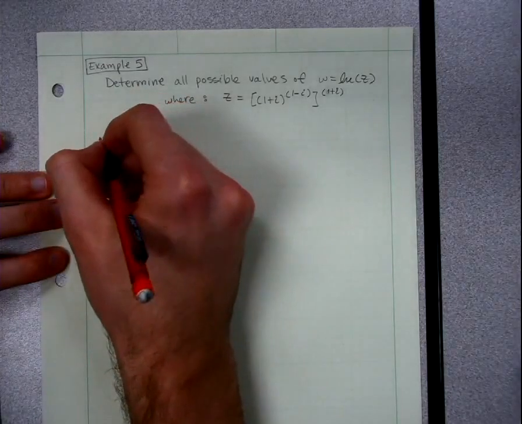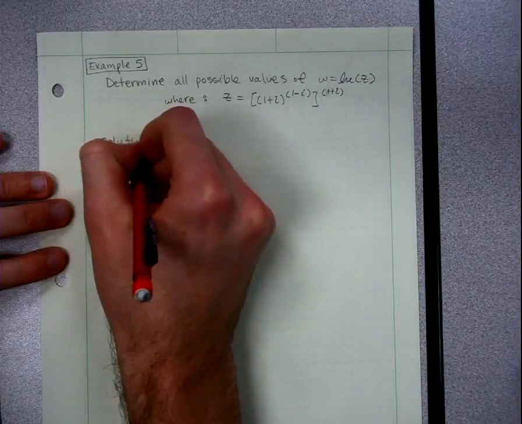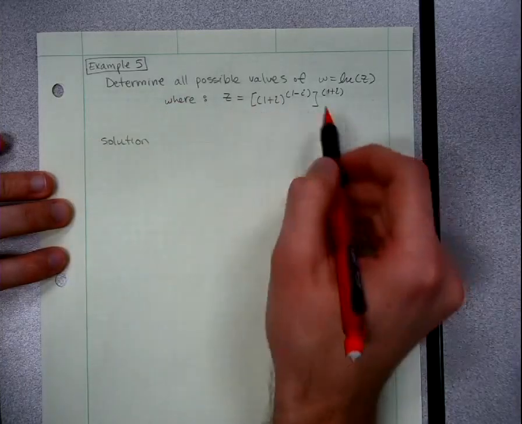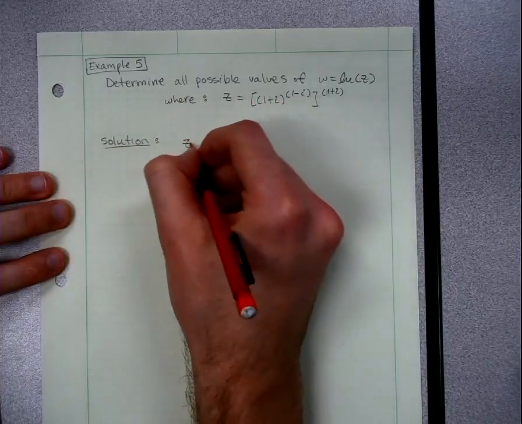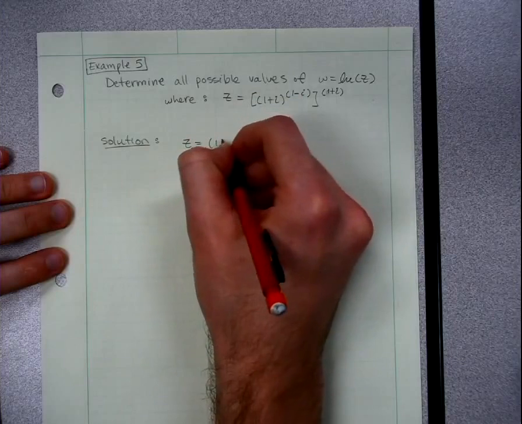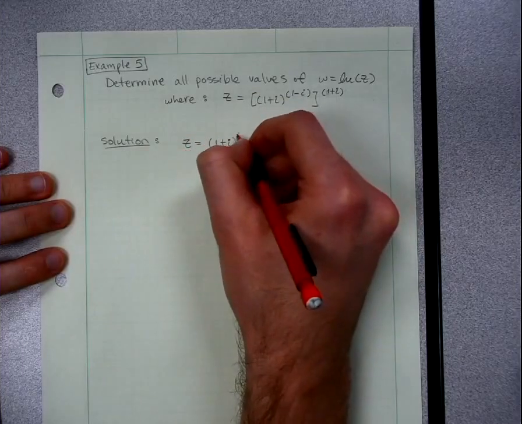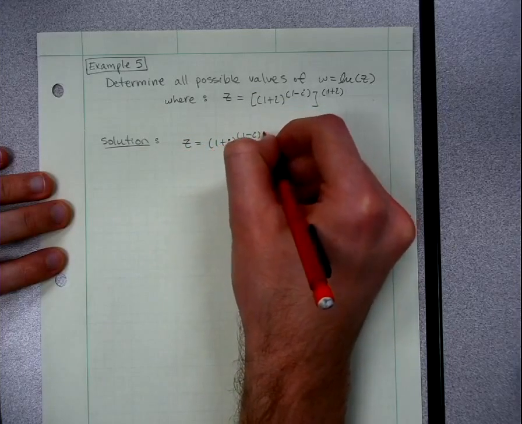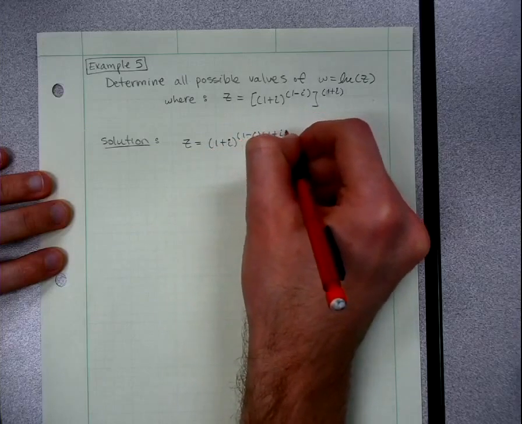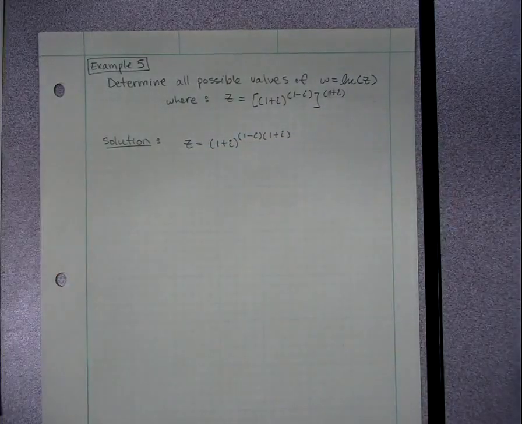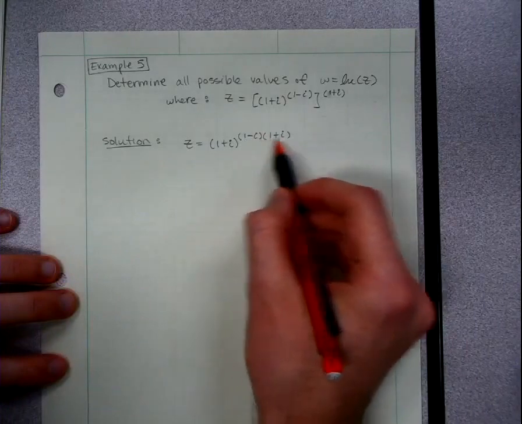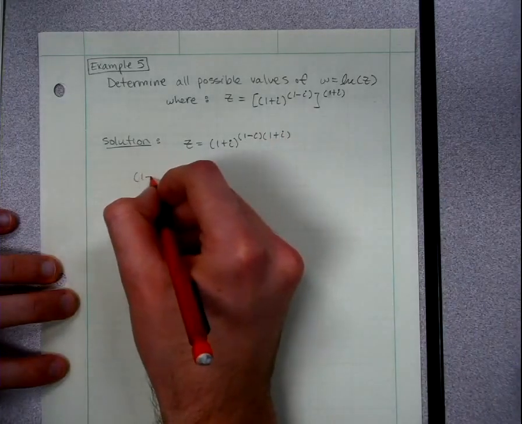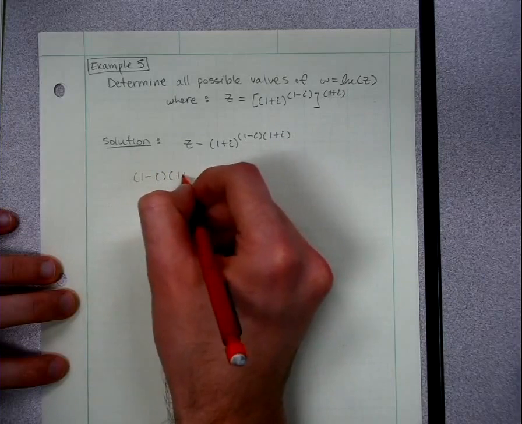We'll first start by just simplifying this z term. So simplifying it, we get that z equals 1 plus i raised to 1 minus i times 1 plus i. Okay? So that's our first step in simplification. Now let's multiply this exponential term together. So we get 1 minus i times 1 plus i.